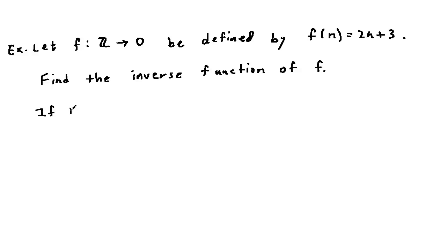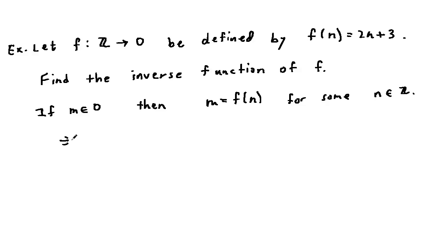Okay, if m is in O, then m = f(n) for some n in Z. So m = 2n + 3.